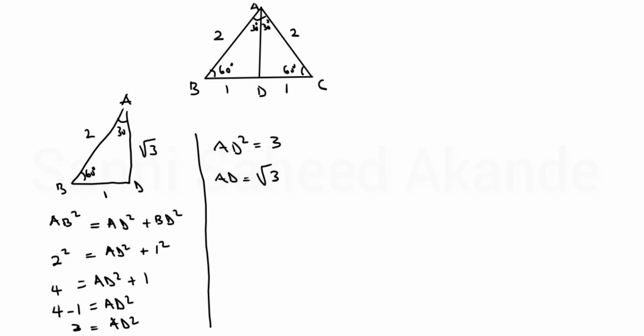So now if this line that divided this triangle into two equal parts is root 3, we can now go ahead and find cos 30, cos 60, sin 30, sin 60, tan 30 and tan 60. All right, so let's quickly do that.